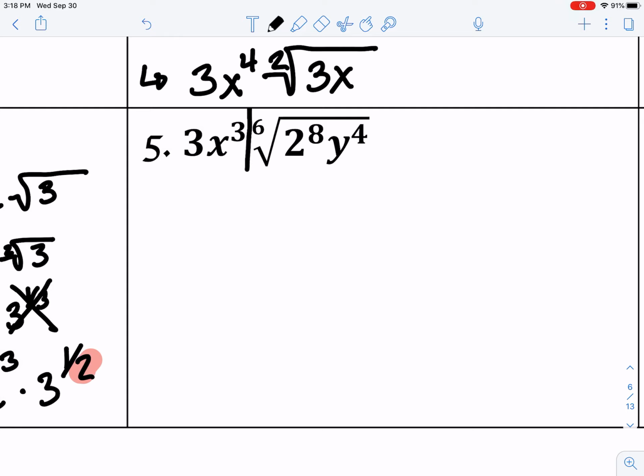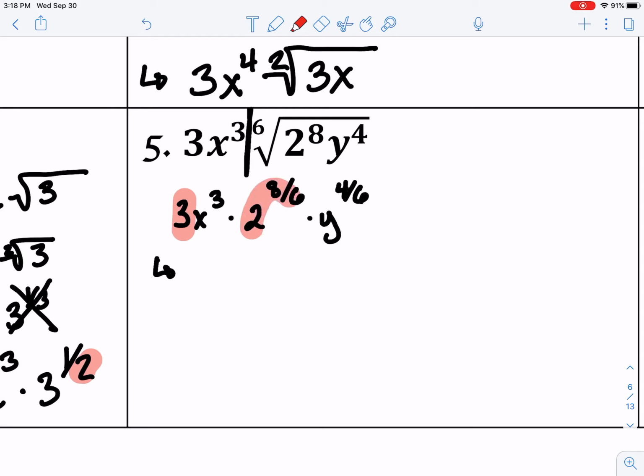You can just leave this stuff over here on the left alone and multiply times 2, right? 8 over 6 times y 4 over 6. And then from here, multiply like terms. So my like terms would be my 3 times 2 to the 8/6 power.